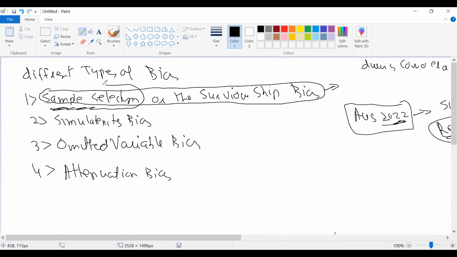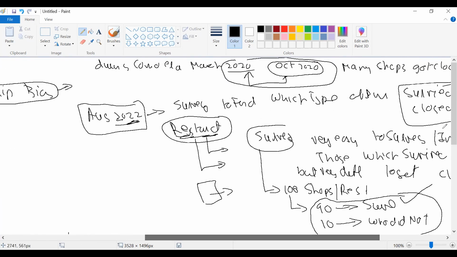When you are selecting the sample at the very starting, the bias has entered in your data, and if bias has entered in your data, it would definitely be coming in your model. ठीक है, sample selection और survivorship bias.